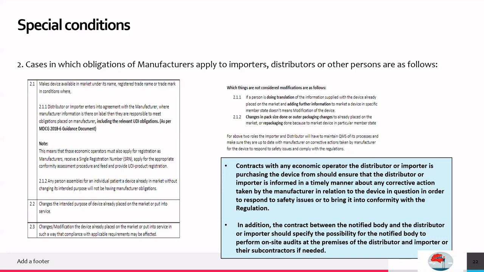Next, the contract with any economic operator from which the distributor or importer is purchasing the device should ensure that the distributor or importer is informed in a timely manner about any corrective actions taken by the manufacturer, because they are doing translation, pack size changes or repackaging because of language requirements and many regional requirements for labeling.